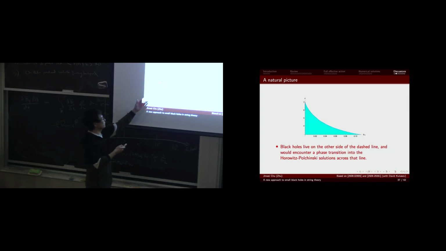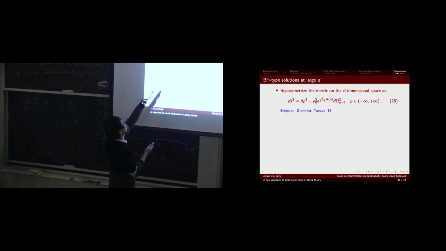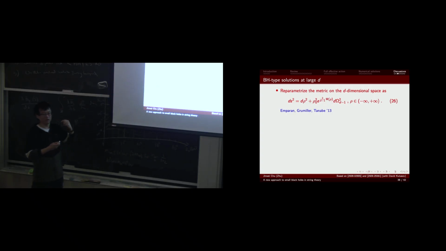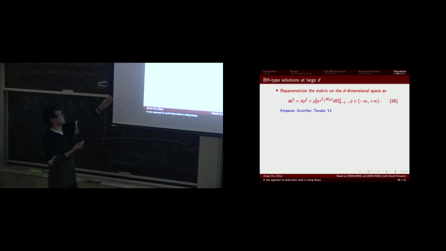So we have this natural picture, and one piece of evidence pointing to this picture is that in our large K problem, there actually exist solutions which are analogs of the black hole solutions. To see that, we can reparameterize the metric in this form. We now fix g_rho rho, or g_RR, to be 1, and let g_omega omega be some field denoted by psi.